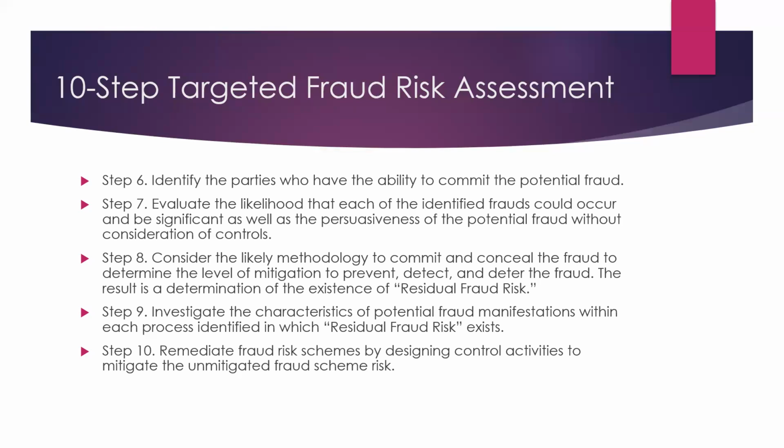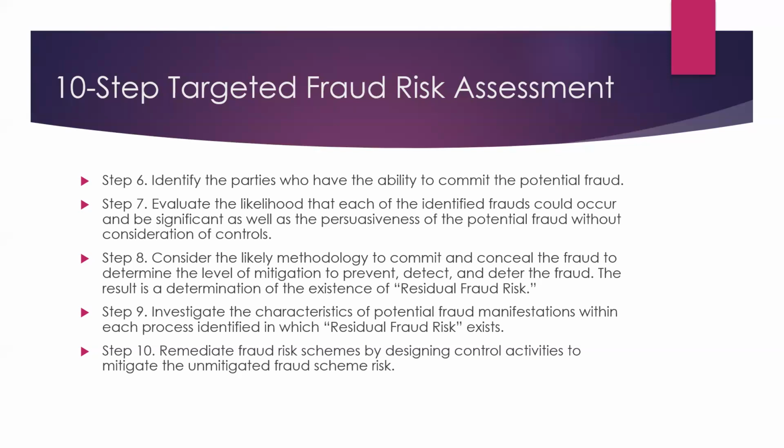So have they completely put controls in place to prevent, detect, or deter 100% of that fraud risk, or is there still some residual risk remaining? So in step number 9, we want to think about designing procedures to look for fraud. So how can we investigate these things? Thinking about data mining. So how can we mine our data to help find these anomalies? And then finally, what procedures are we going to do to look for that fraud?